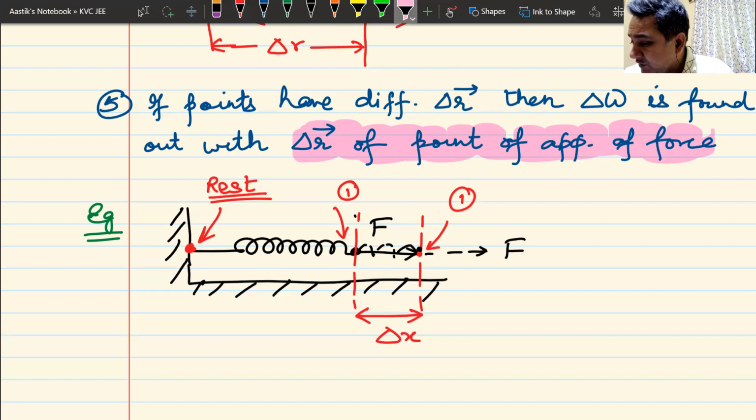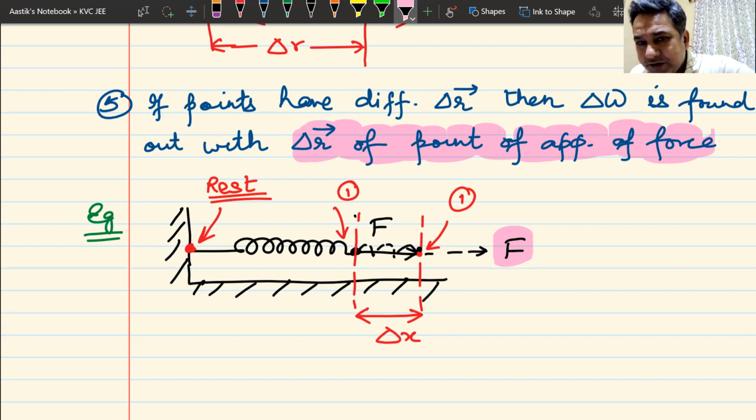So if this point doesn't move at all, and someone asks you, what is the work done by this force? You will be bamboozled. Okay, how to find it? One point which is tied to the wall is not moving. All the other points are moving differently. Which displacement would you use in this case? And then you must remember that we must look at the point of application of force.